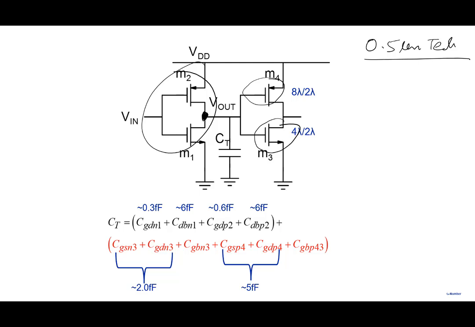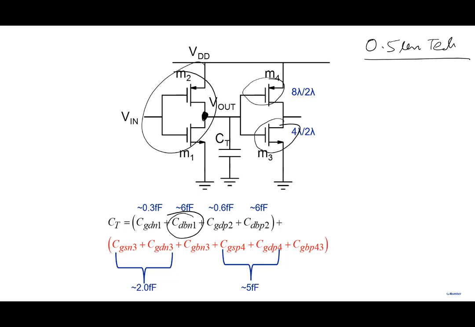Which is the highest value? Drain to body. If one single term has the highest value, it's drain to body. It's not gate to source, it's not gate to drain. Gate to drain is smaller.